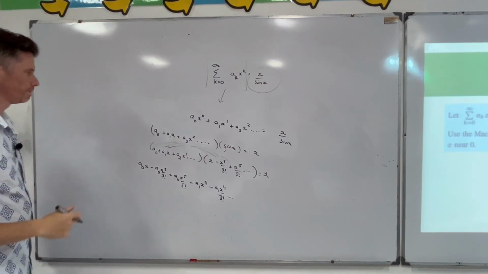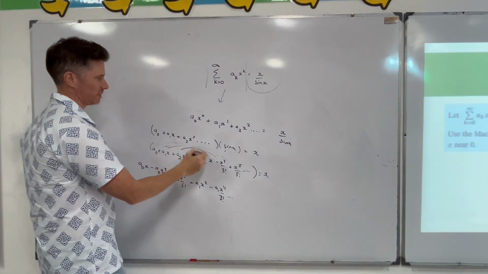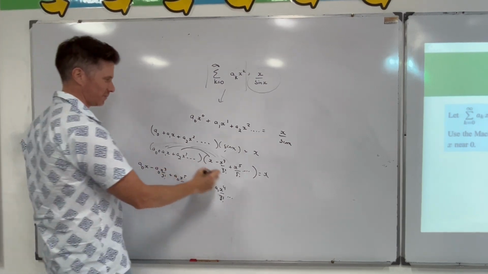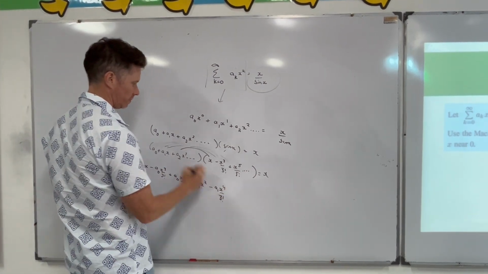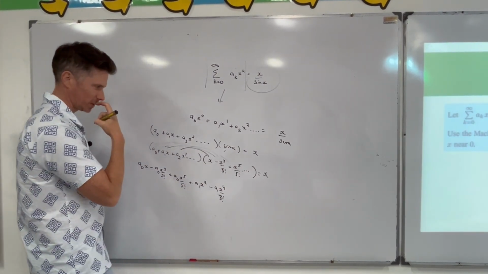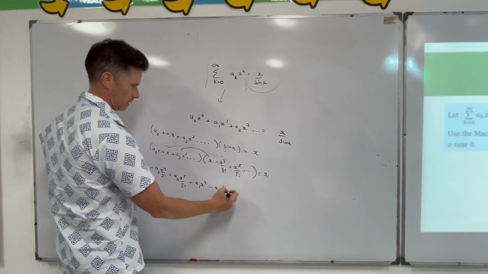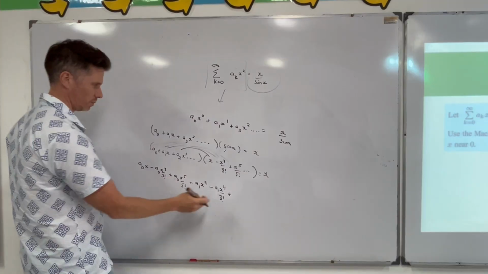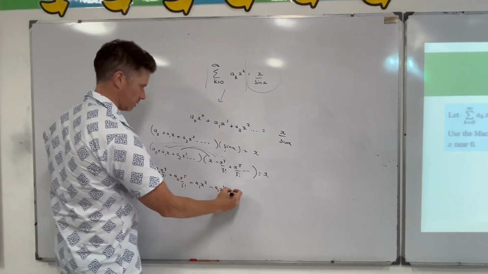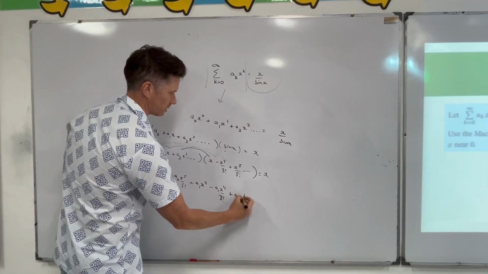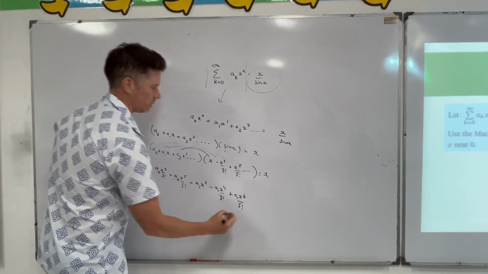Well, maybe it's a pattern. This times this gives, there's more here, but this times this gives A2x. Did I do the last multiplication with A1? No, I didn't. I skipped it. I didn't mean to do that. Plus A1 x to the 6 over 5 factorial.